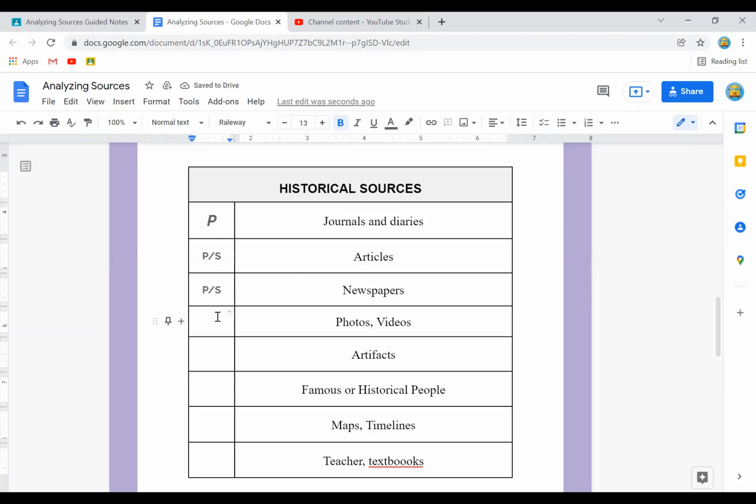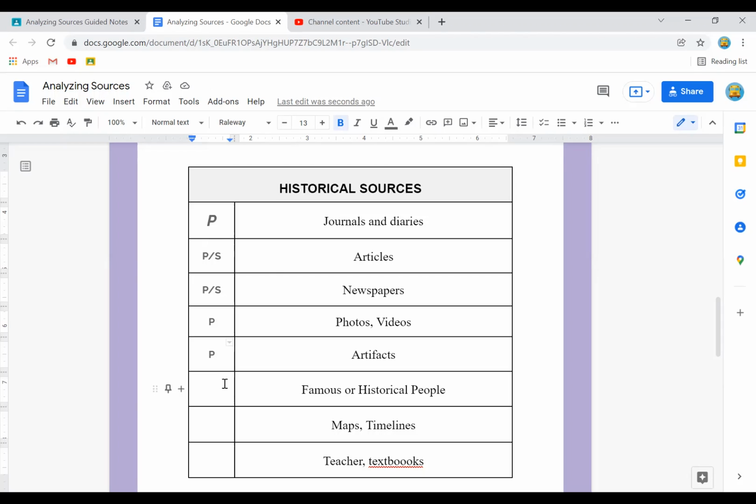Photos and videos, that's a primary source because the photographer or videographer is there at the time taking the video or taking the photo. Artifacts, that's a primary source. That object was from that time period. So if I find a pyramid from ancient Egypt, that's a primary source.